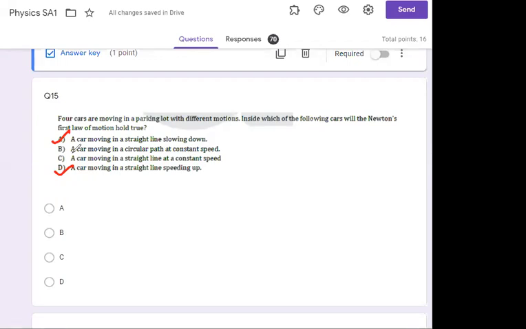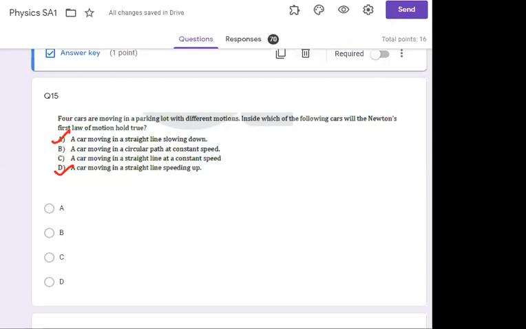Now, if you imagine the situation, when you're talking about the cars moving in the parking lot, क्या हो रहा है? वो लोग रुक रहे होंगे या move कर रहे होंगे, है ना? ठीक है?